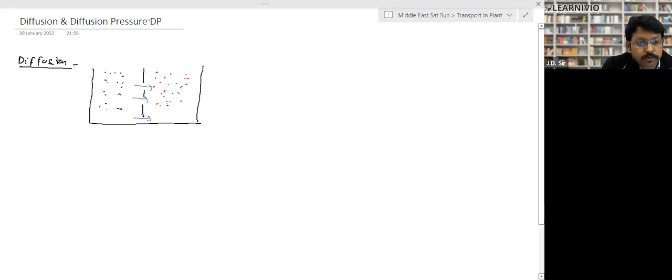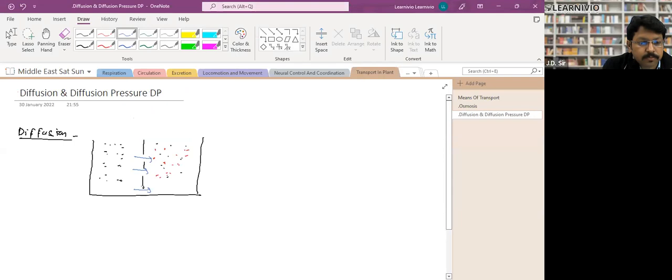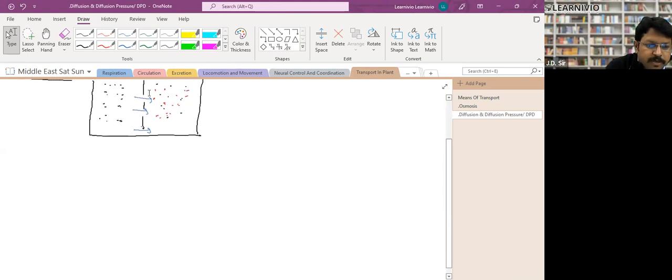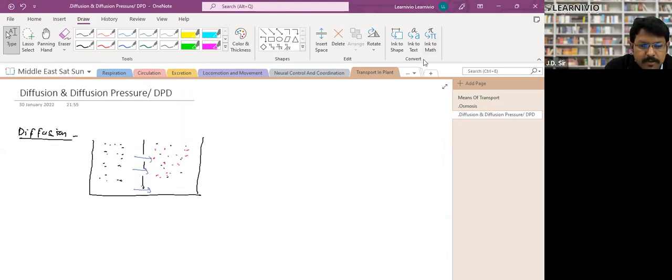So this was diffusion pressure, and one more thing that is called dPd. dPd is also called diffusion pressure deficit, right?